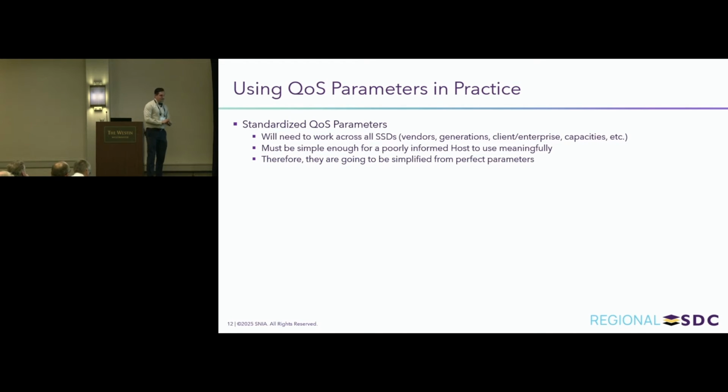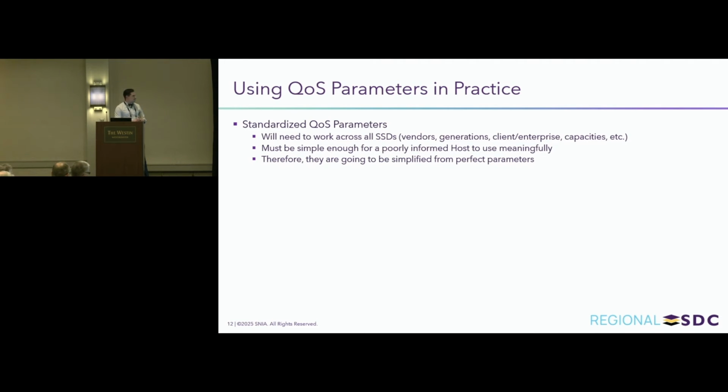So for standardized QoS parameters, I believe that we need to have a common set of parameters that are going to work across all SSDs, vendors, generations, client or enterprise, different capacity points, and others. I think that to try and do a perfect set of parameters for enterprise would be nearsighted and wouldn't enable the client market, for example.